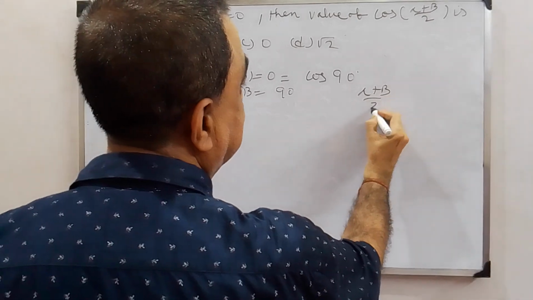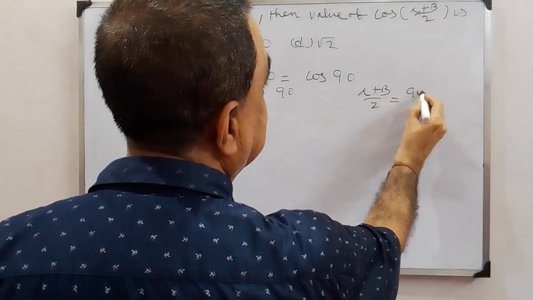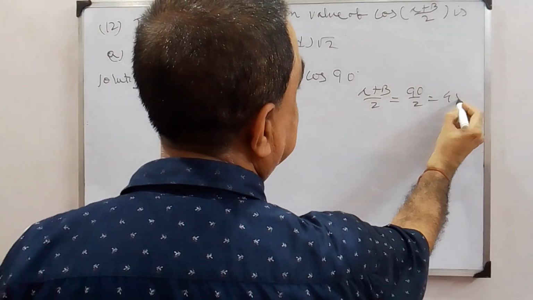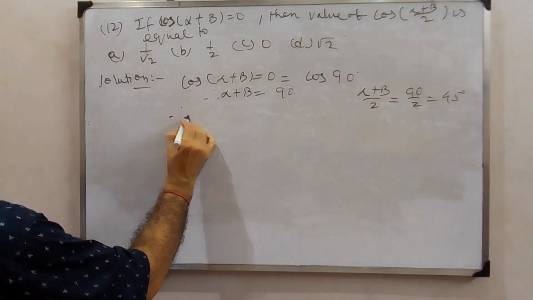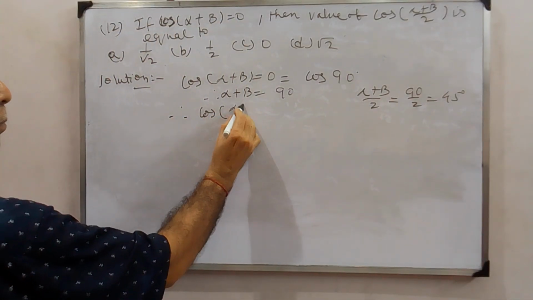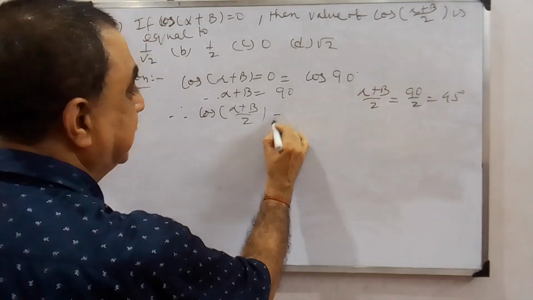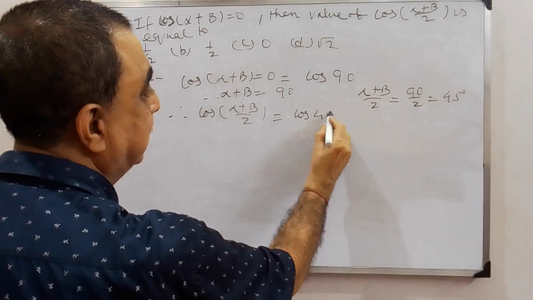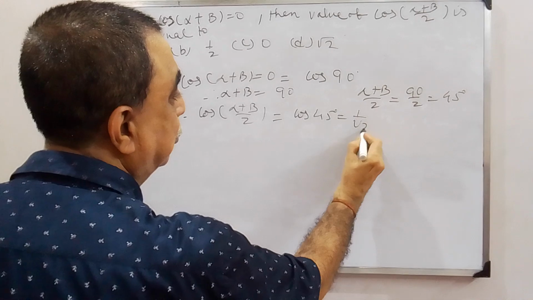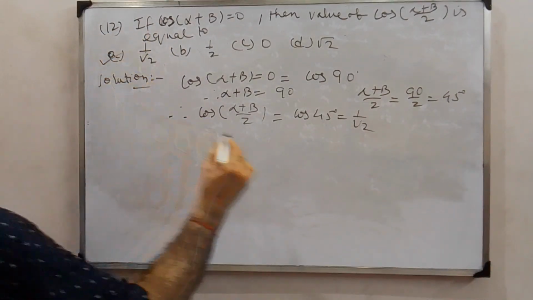So (alpha plus beta) divided by 2 becomes 90 divided by 2, which is 45 degrees. So that is cos 45 degrees, which equals 1 by root 2. So the correct option is A.